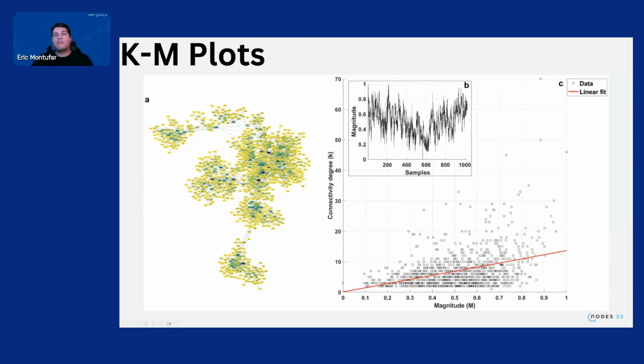So here we use the magnitude of the value in the time series, plotted on the x-axis, and then we use the node degree for that same value in the graph domain, and we plot it on the y-axis. Once we plot every single value in the time series and every single node in the graph, we do a linear regression on this.